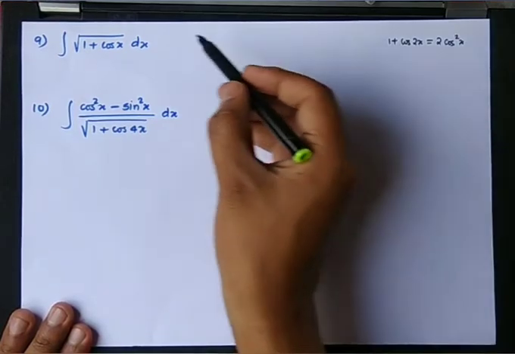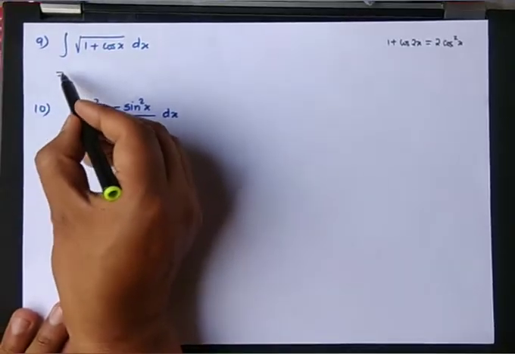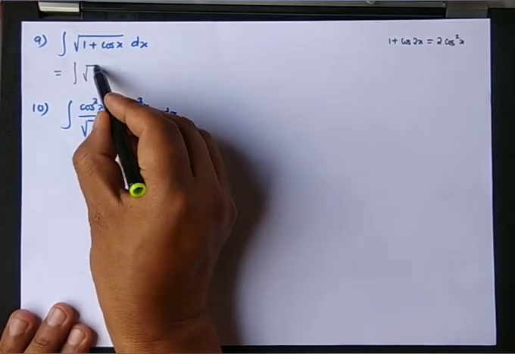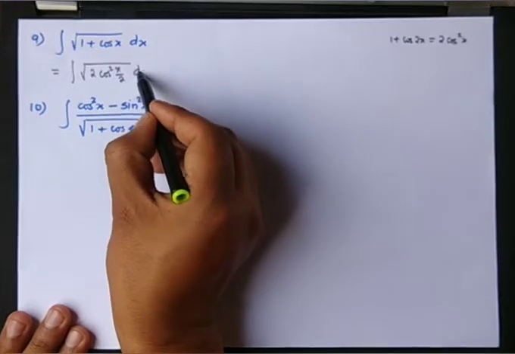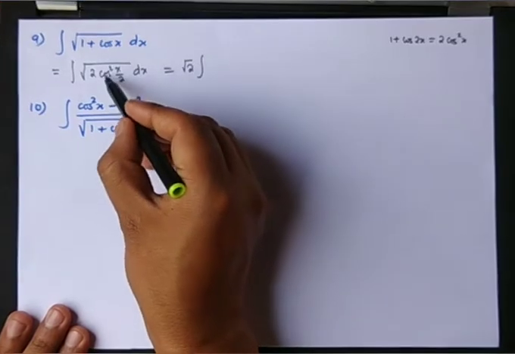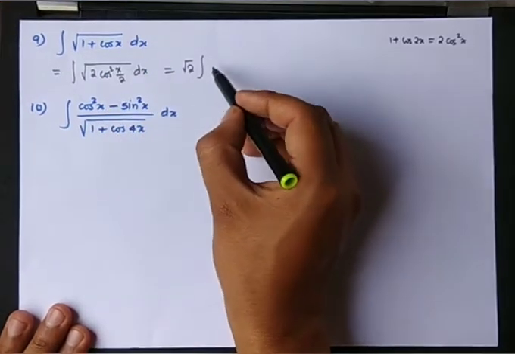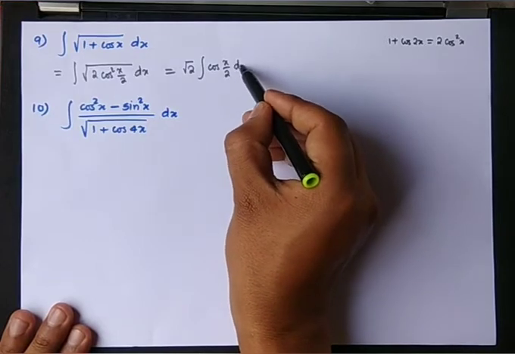If I use this formula, then this can be written as integral of square root of 2 cos square x by 2 dx. Now this root 2 can be kept outside, so we have square root of cos square x by 2, which is cos x by 2 dx, right?